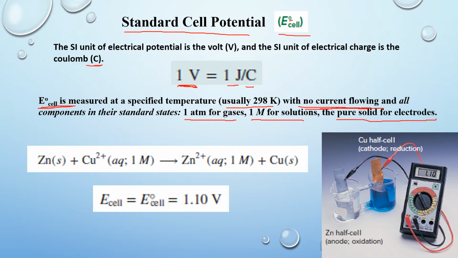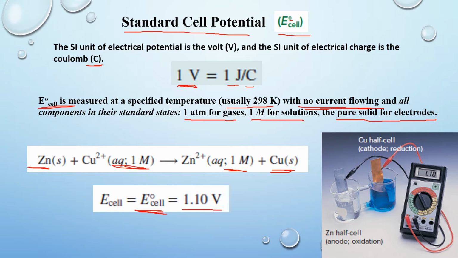For example, take this redox reaction that we're familiar with, zinc replacing copper 2+. If we control the electrolyte solutions so they are all 1 molar, and we start with pure solid zinc and copper, the potential between these two half cells will be the standard cell potential, because everything is at standard state, and it is about 1.1 volts.